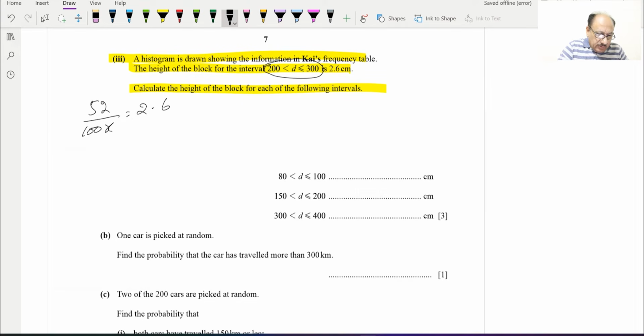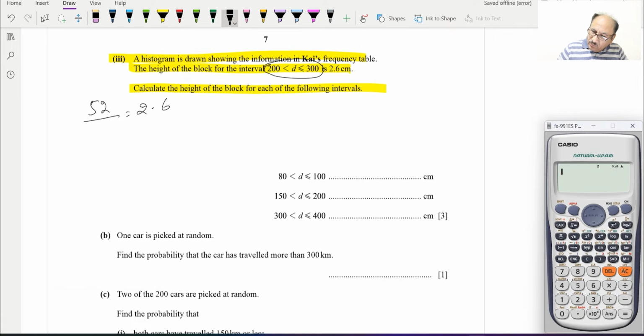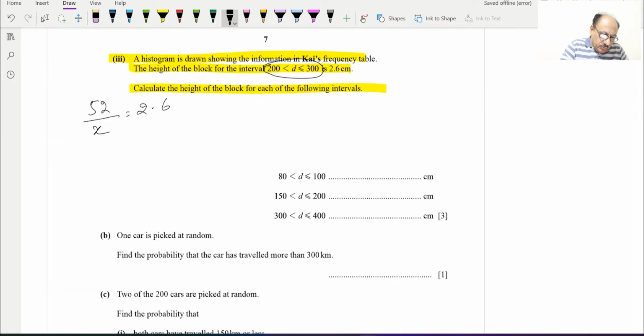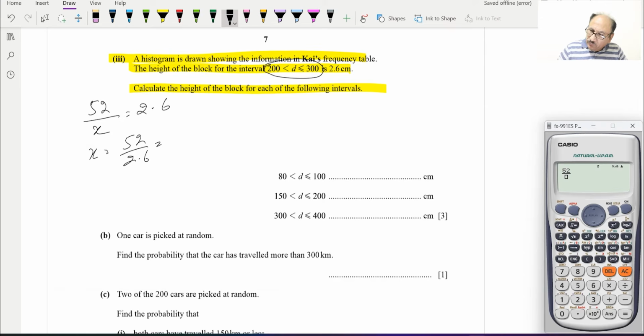Basically we have to divide 52 by something so that we will get 2.6. So 52 divided by x will be equal to 2.6. So x will be 52 over 2.6, which is equal to 20.